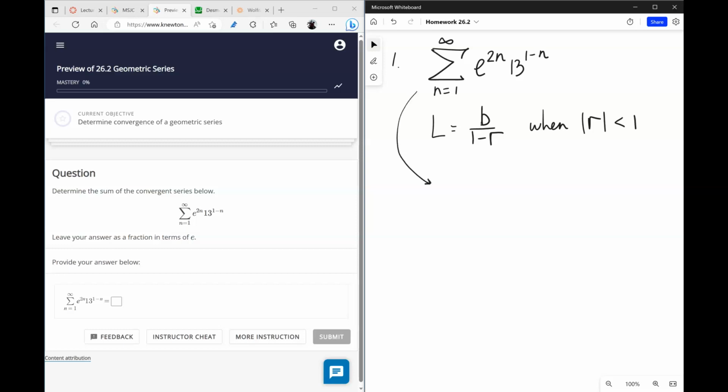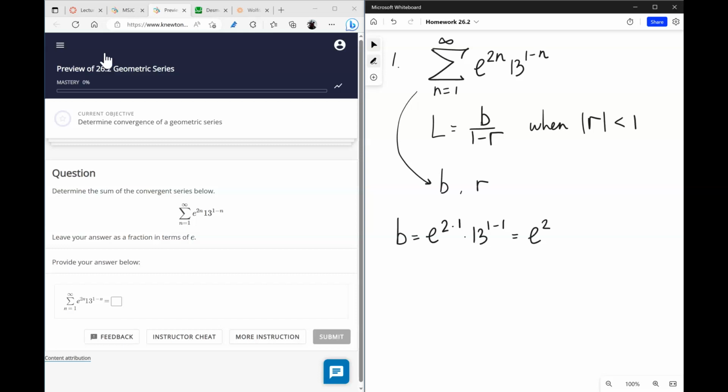For this series we need to identify b and r, and b is the first term. To find b, we're simply going to plug in n equals 1 into the general formula, and b is equal to e squared. There are multiple ways to find b and r.